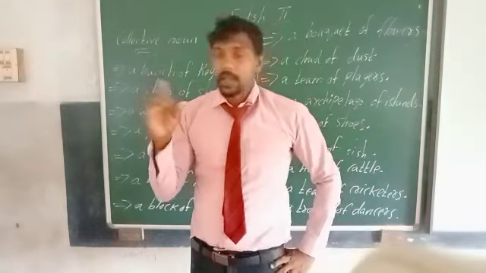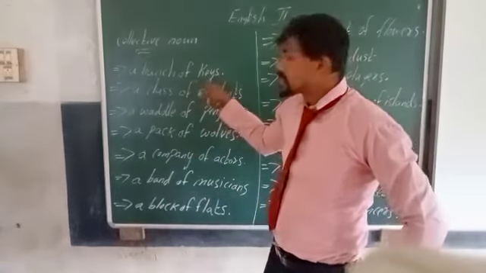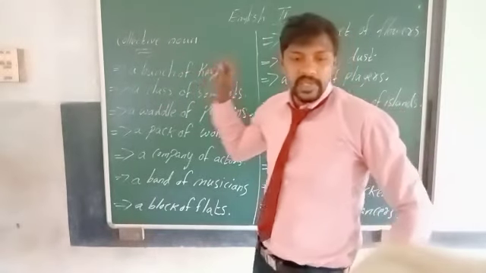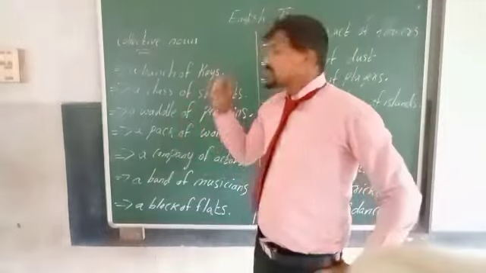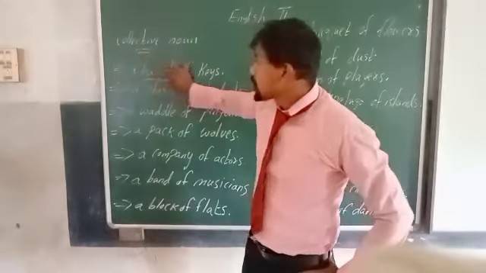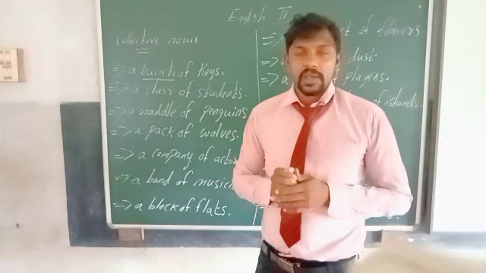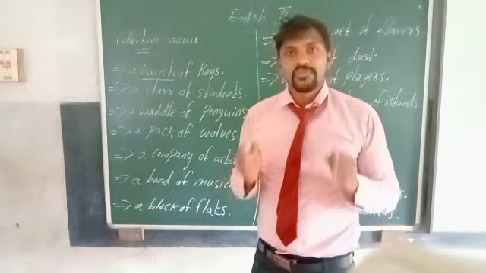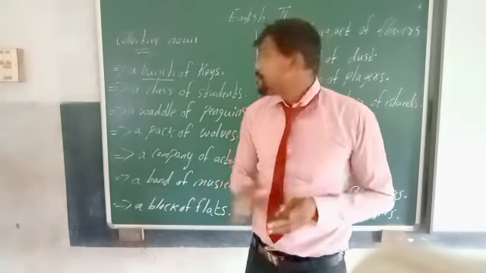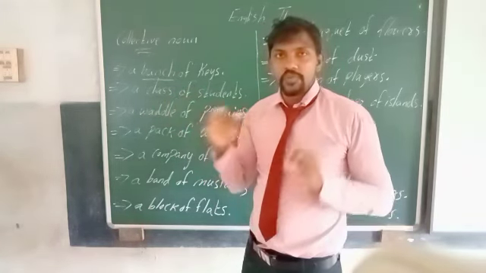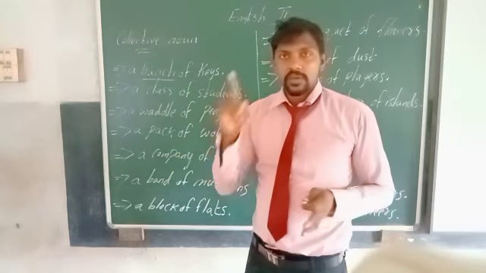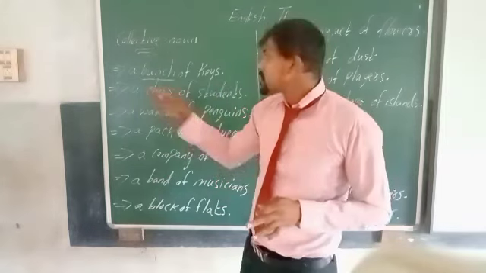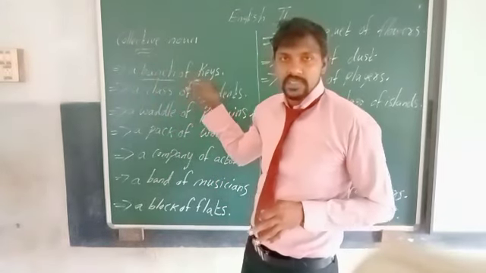Here, a bunch of keys. That means more number of keys, more than 3, 4, 5 or 6. If you have more keys, we call it a bunch of keys.